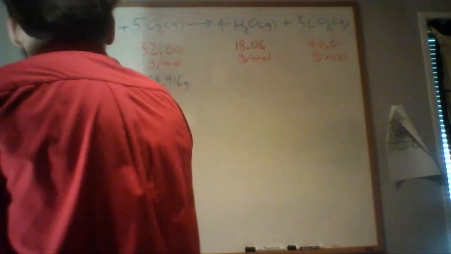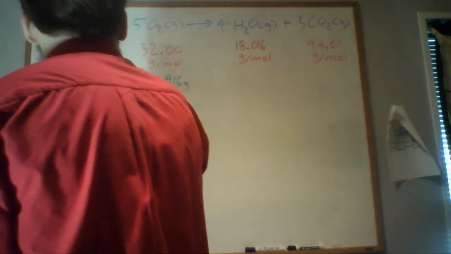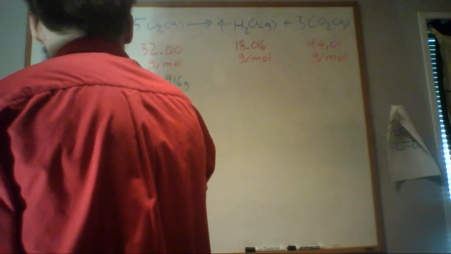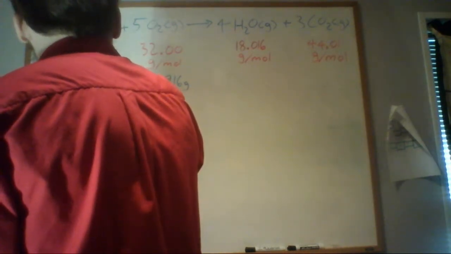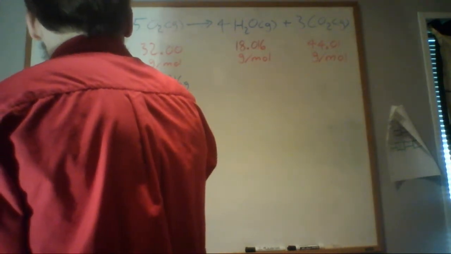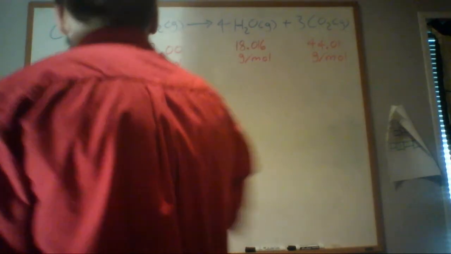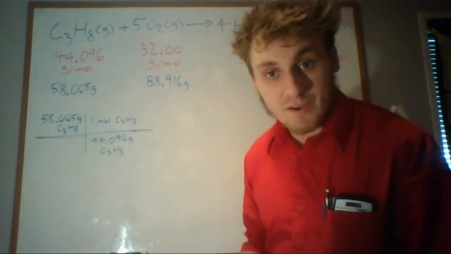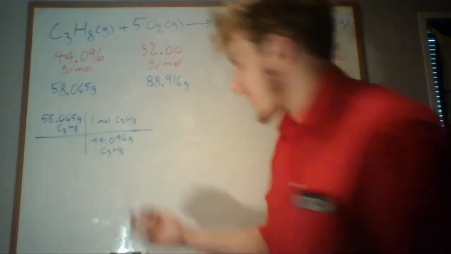So 44.096 grams of C3H8 to 1 mole of C3H8. Notice that we have grams of propane in the numerator over here and in the denominator over here, so our units will cancel out, right?